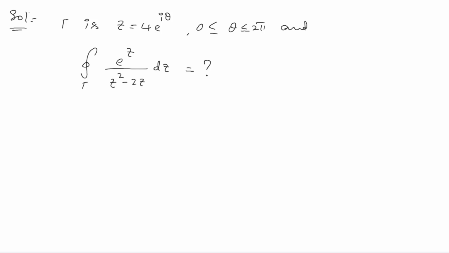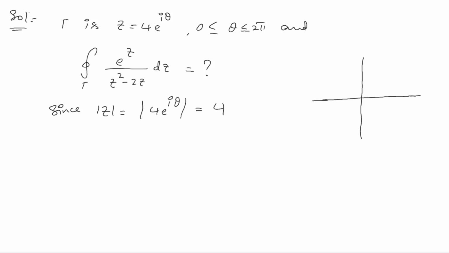So firstly, let's look at the circle. Since mod z equal to modulus of 4 times e to the power of i theta, that is nothing but 4. So we can easily see the circle is nothing but a circle of radius 4 in the complex plane.